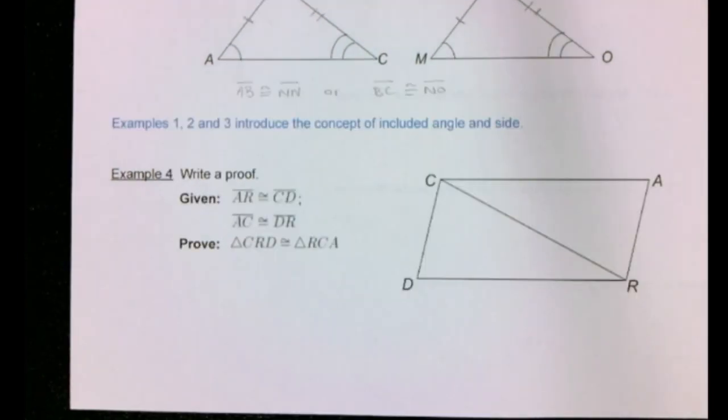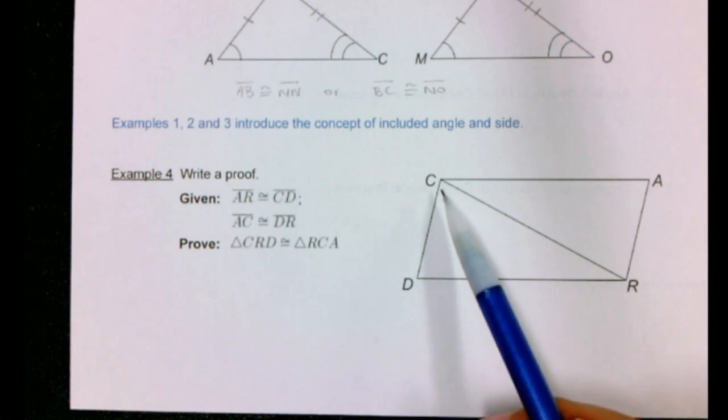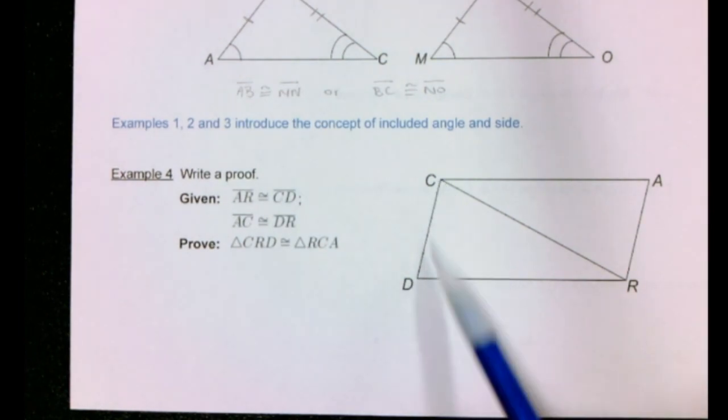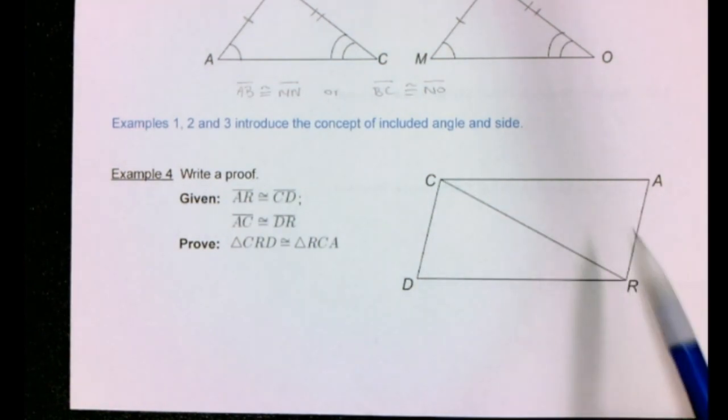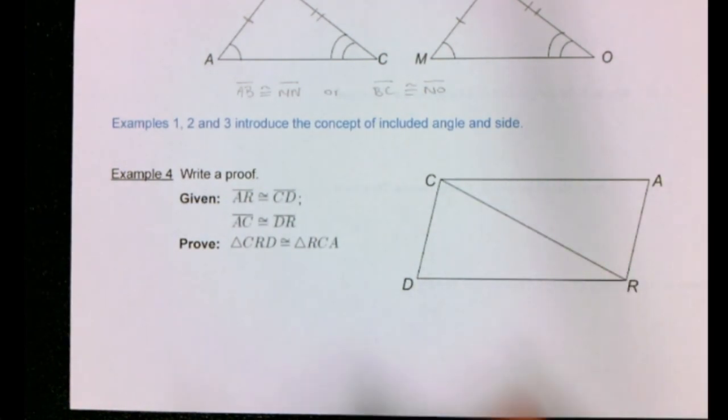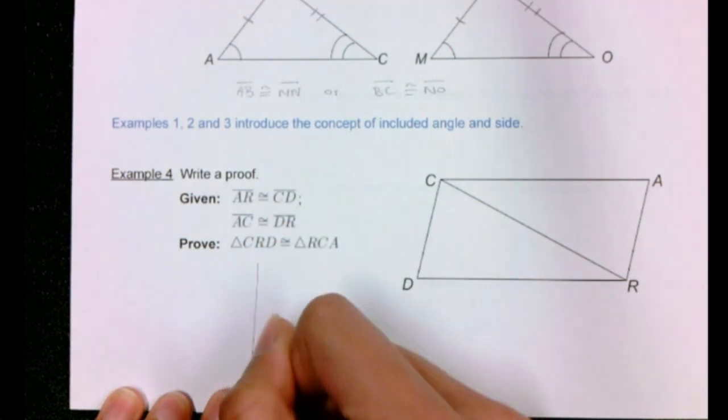Example 4. We need to prove these two triangles congruent, triangle CDR and RCA. So you can make a table.